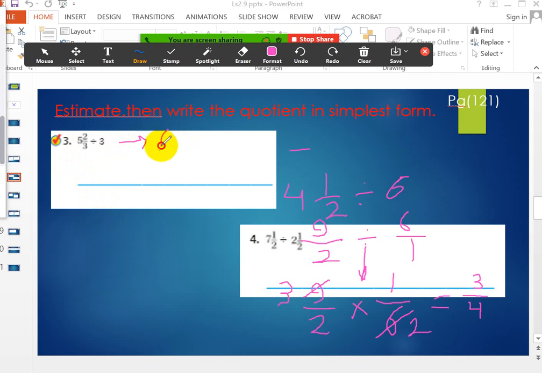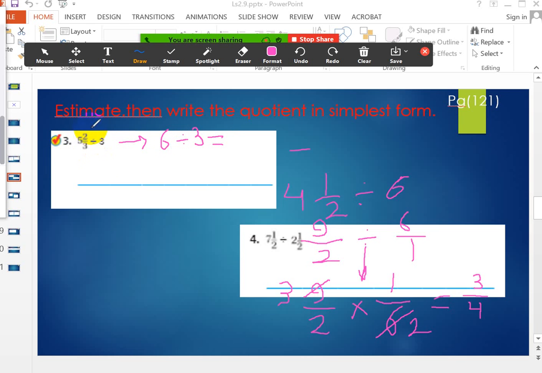Yes. Okay, so 6 is able to divide on 3 and close to 5 and 2 over 3. So I will use compatible numbers, which are numbers we can compute mentally. As we said, I can calculate those numbers mentally by using my mind.